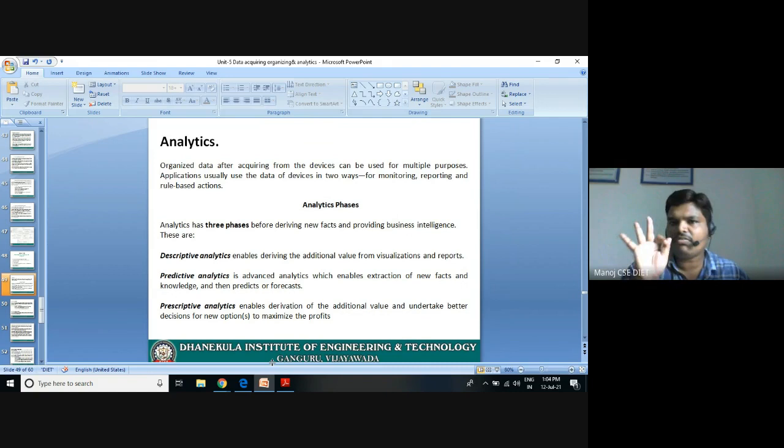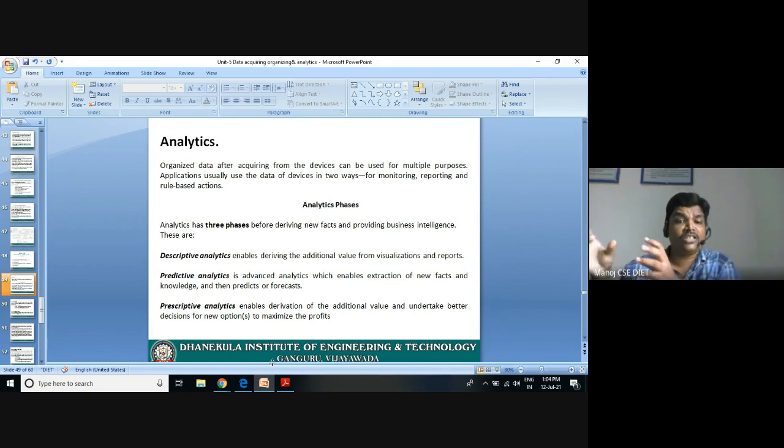So there are three types of analytics phases to support our business intelligence. One is descriptive, to provide additional value. Where do the additional values come from in descriptive analytics? From visualizations and reports. Coming to predictive analytics, it enables the extraction of new knowledge and facts and additional things to predict our business processes and forecast our business effectively.